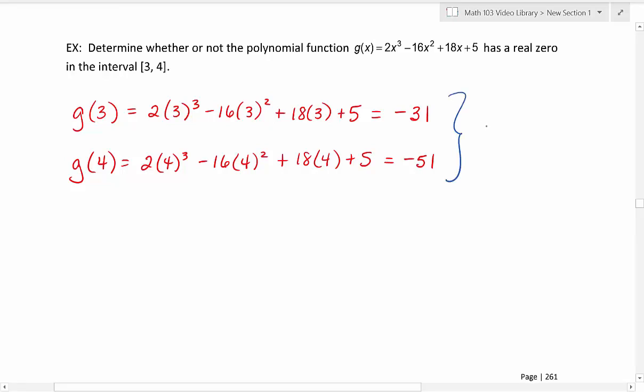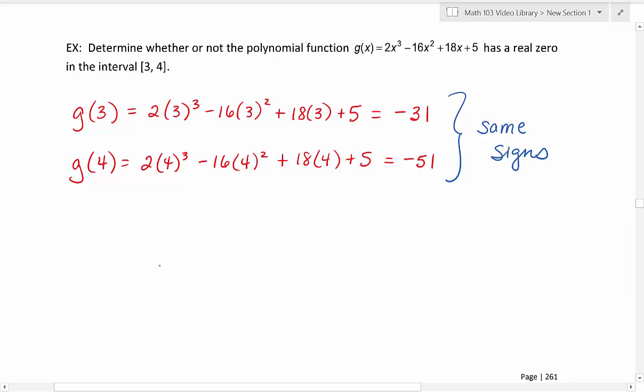Here we have the same signs. Well, the intermediate value theorem only says that there is a real zero if there are opposite signs. So here it's inconclusive. And that's what we're going to write.